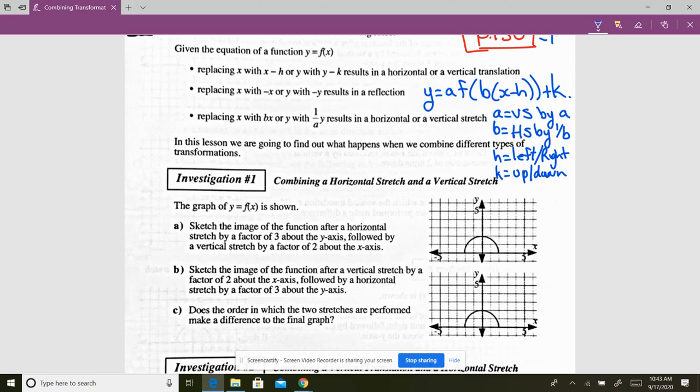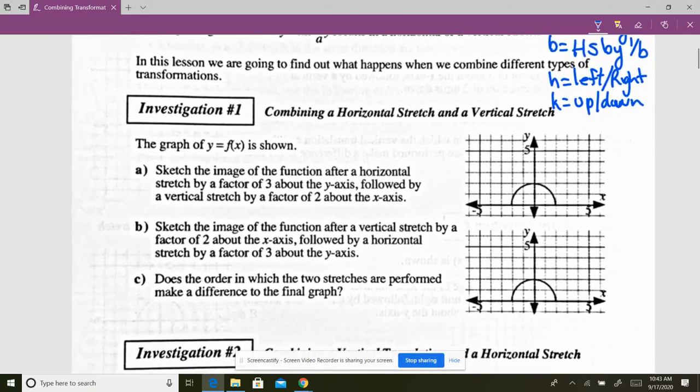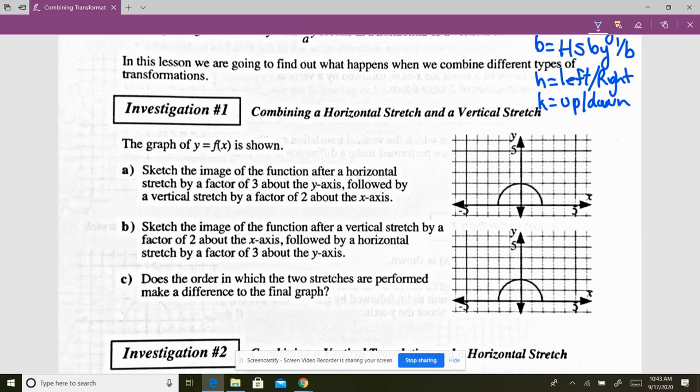Okay, now, what if you combine all these together, which we're going to do? So here's our graph, little half circle. Sketch the image of the function after a horizontal stretch by a factor of 3, followed by a vertical stretch by a factor of 2. Okay, horizontal stretch by a factor of 3.